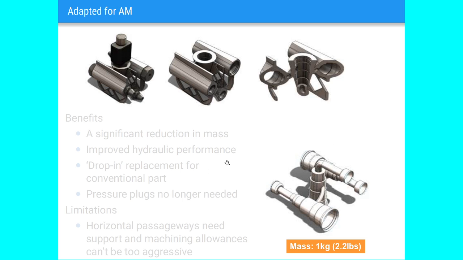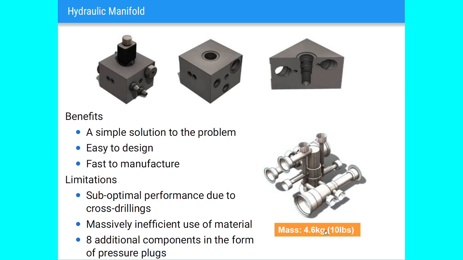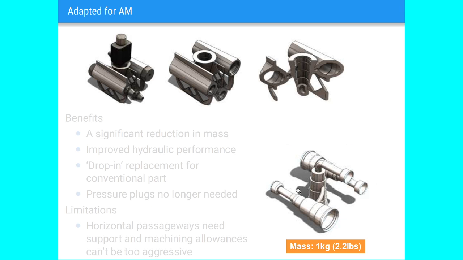The total weight of the component in this assembly comes to around 1 kg. Previously it was 4.6 kg, now it is 1 kg, serving the same purpose without any reduction in efficiency.